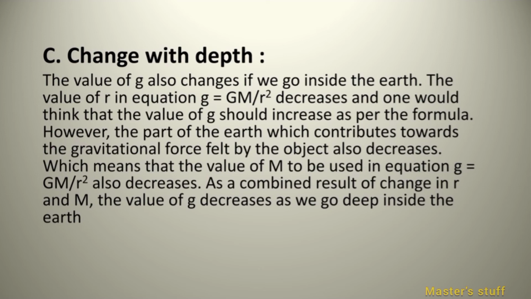As a combined result of the change in R and M, the value of g decreases as we go deep inside the Earth. It goes on decreasing considerably as we go deeper and deeper inside the Earth. The value of g is about 0 at the center of the Earth.